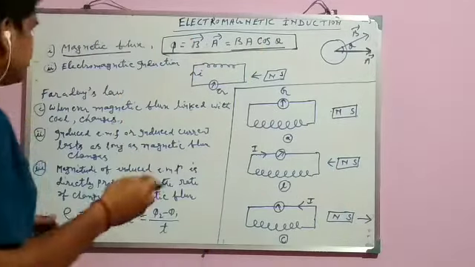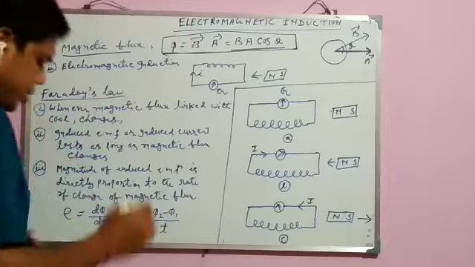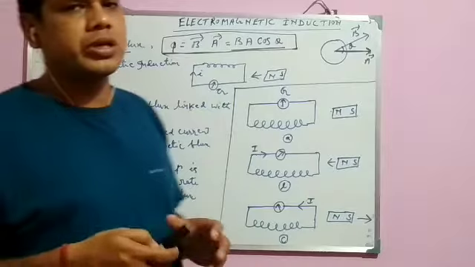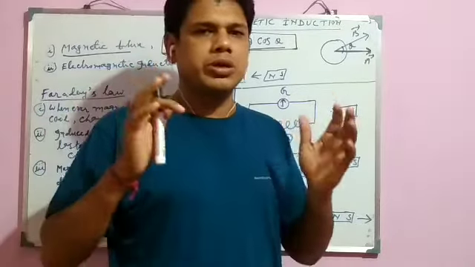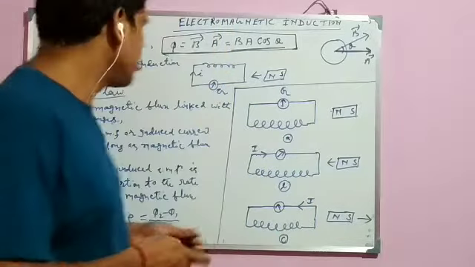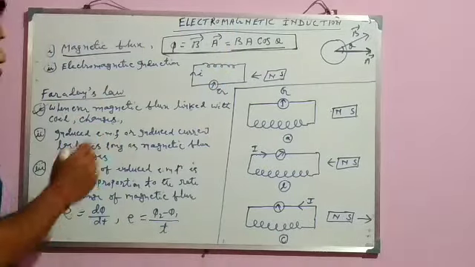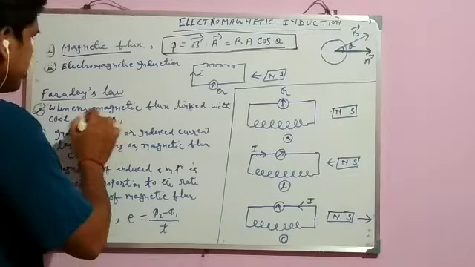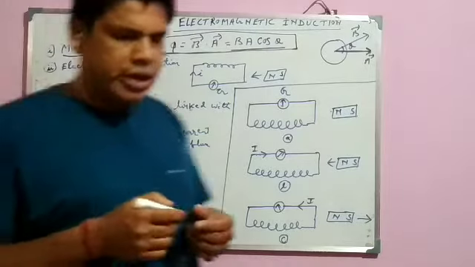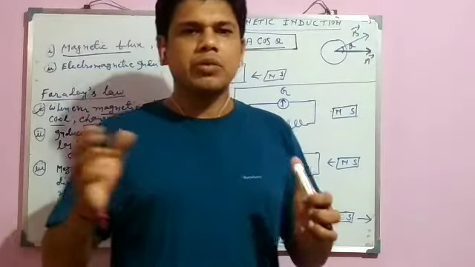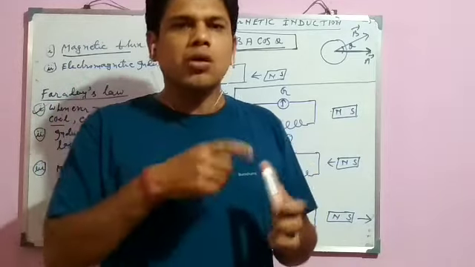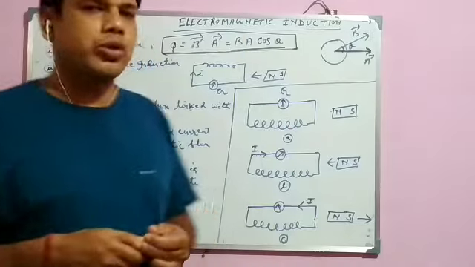Now it happened due to Faraday's law. Faraday experimentally observed this and put his observation in the form of three laws. The first law: whenever the magnetic flux linked with the coil changes, induced current or induced EMF is produced. Only when the flux linked with the coil changes is induced EMF or current produced.